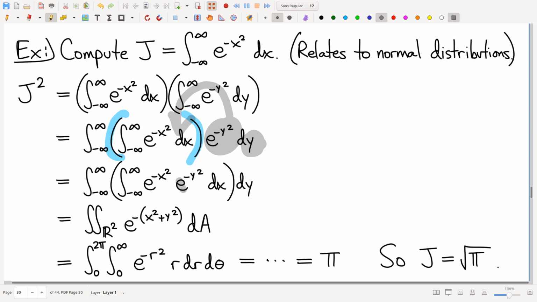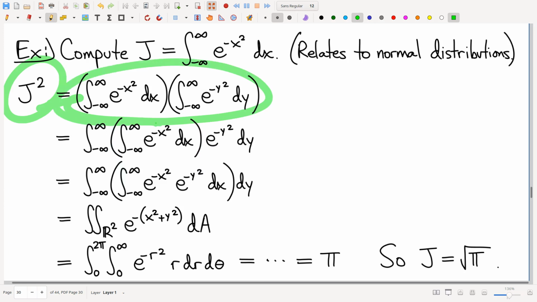And again, constants can move inside of the integral. This is a weird sort of folding inward of the expression, but perfectly legal. And what I have then is that this thing, J squared, that I'm interested in is this iterated integral.